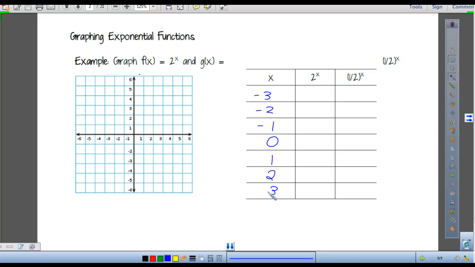Okay, so if we do 2 to -3, that's the same thing as saying 1 over 2 cubed, or 1/8, right?